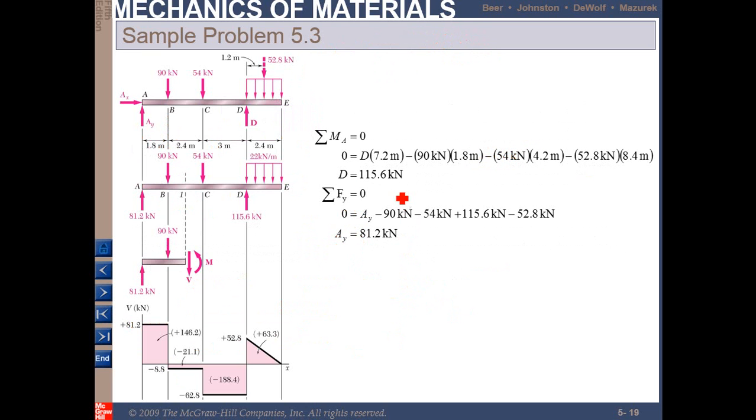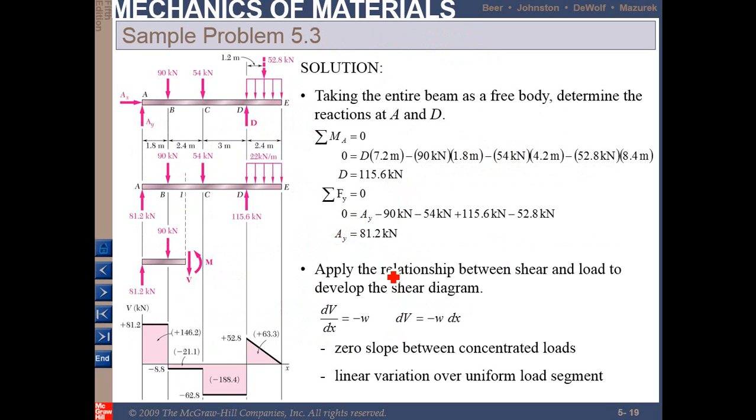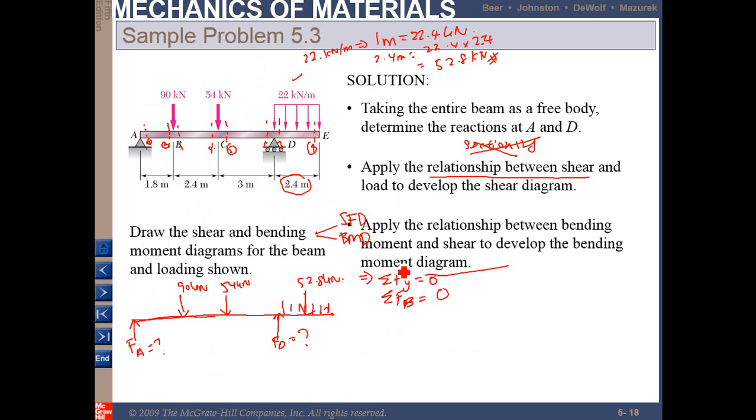Okay, so this is the solution. Maybe we can write somewhere in here. To find FA and FD, you can use either one.